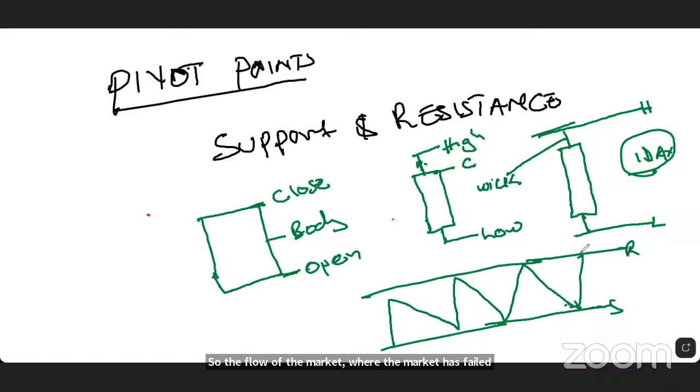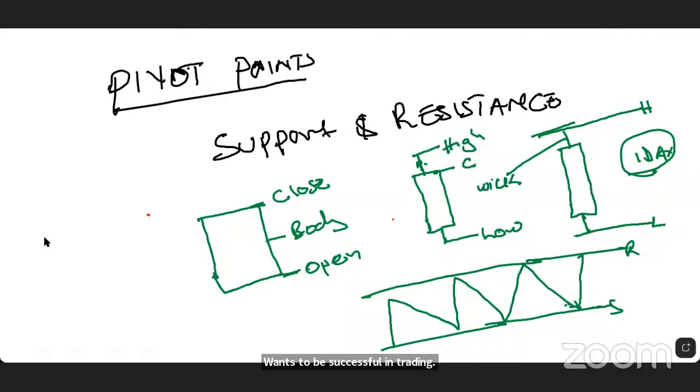And where the market still has failed to go beyond, that is the ceiling. If you are seated in the house, the floor is the support, and the ceiling is the resistance. And basically, these two aspects of support and resistance are very important if someone wants to be successful in trading.